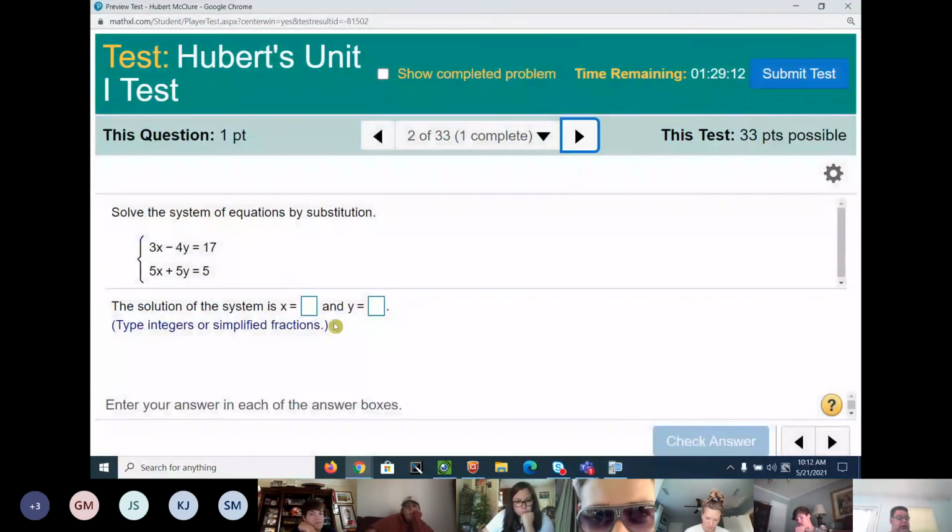Let's do this one. I'll write it down while you're writing it down. 3x minus 4y is equal to 17, and 5x plus 5y is equal to 5.